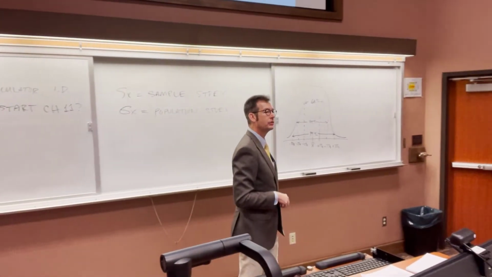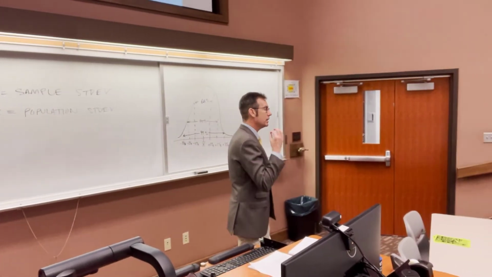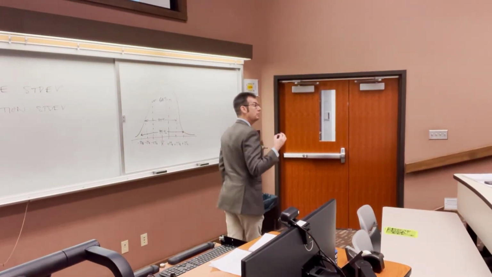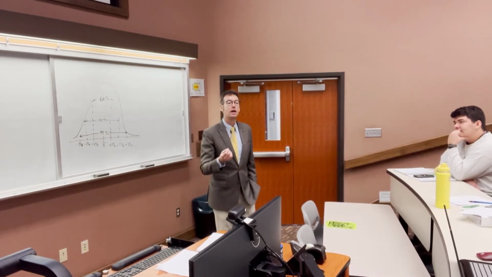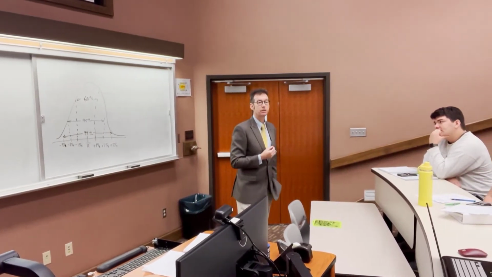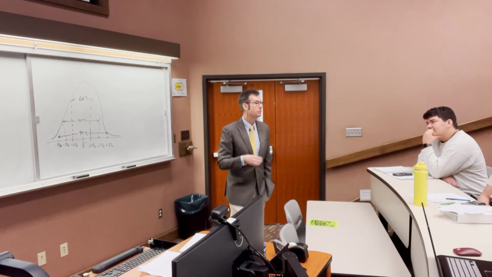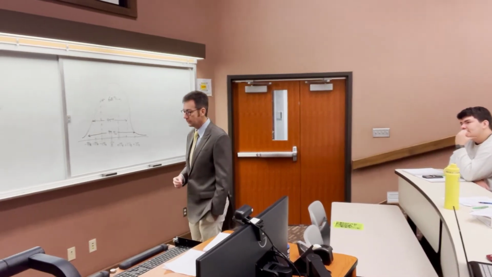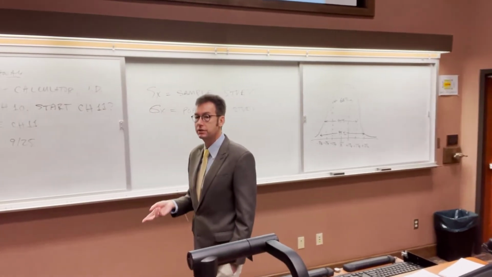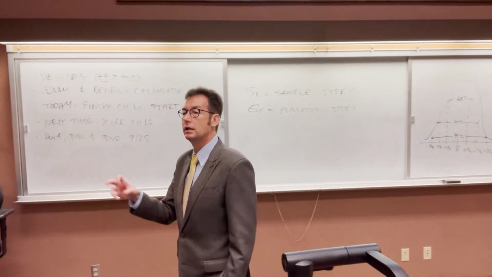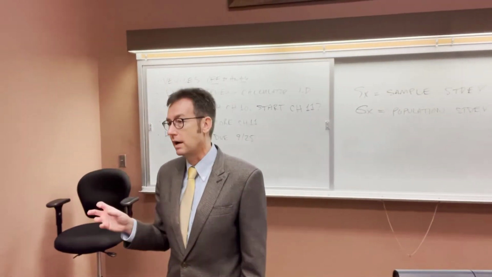So here's what I could ask you. What proportion of people on the planet have an IQ between 85 and 115? And your answer would be 68%, right? Now, what if I go down to minus 2 standard deviations up to plus 2? Down at the bottom, what's 100 minus 30?